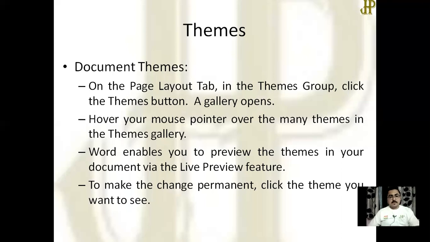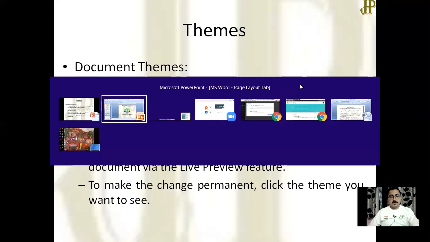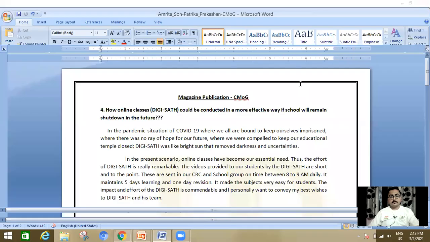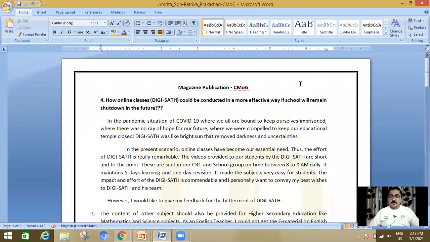I am going to describe with an example. This is my document. So I'm going to change the theme of the whole document. So how? Go to the page layout.